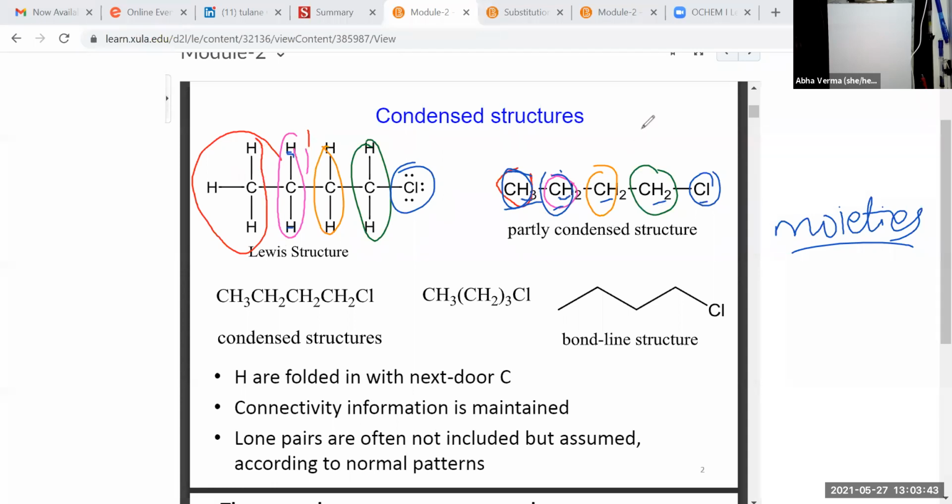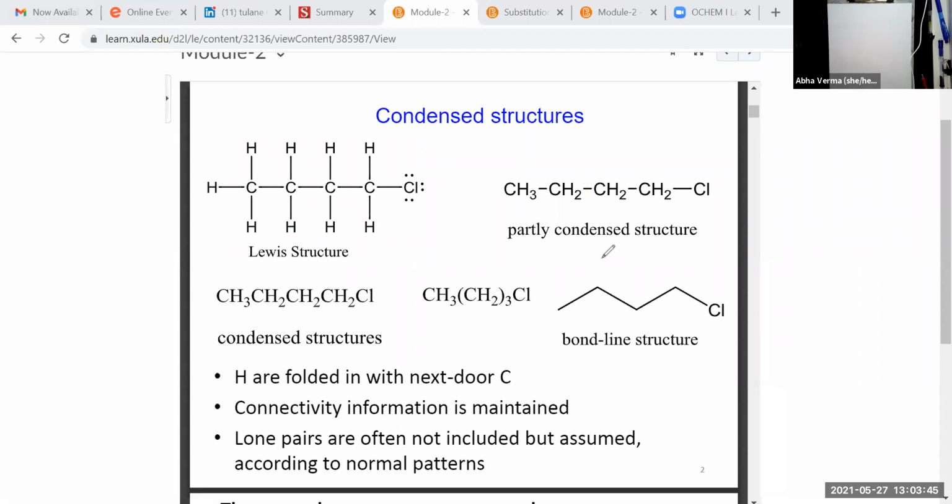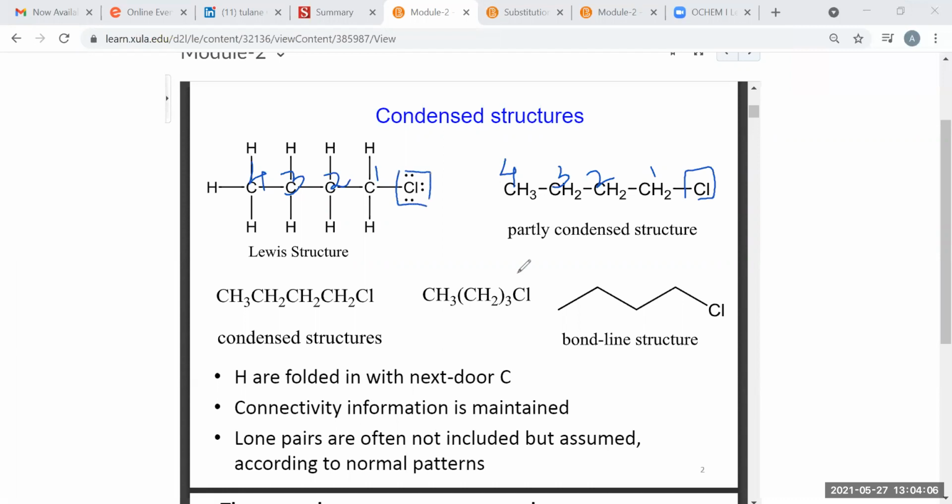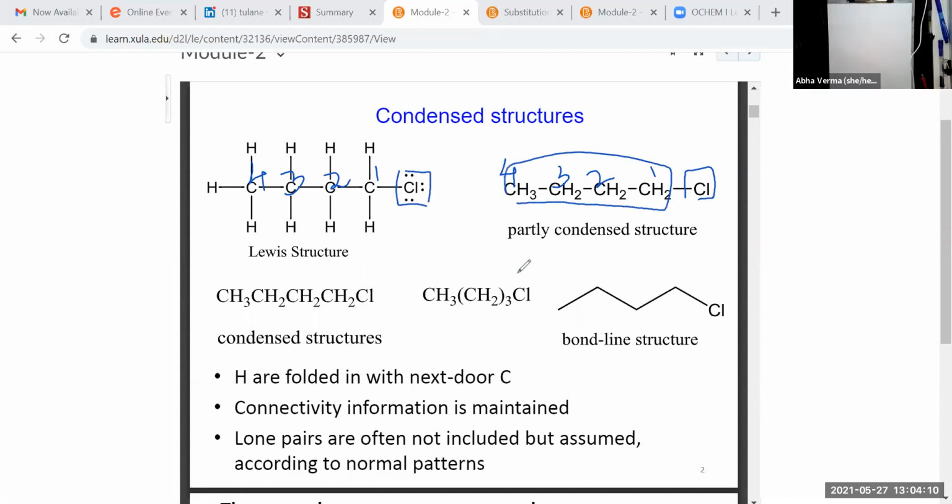So if you look at both of these structures, I still have my 4 carbons. However, I have also condensed all of the 4 carbons and their hydrogens in this manner. I'm not counting chlorine as one of my main chain atoms.